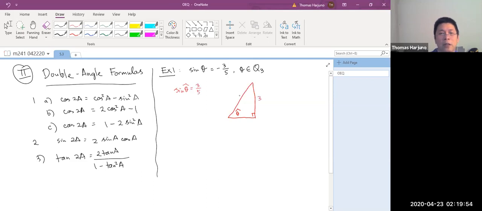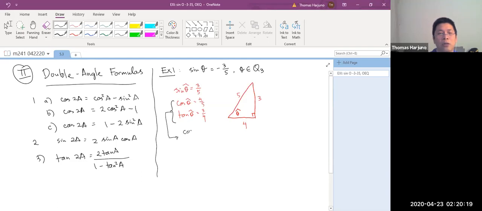This is 3, this is 5, so this must be 4 here, right? So cosine theta hat is 4/5. Tangent theta hat is 3/4.